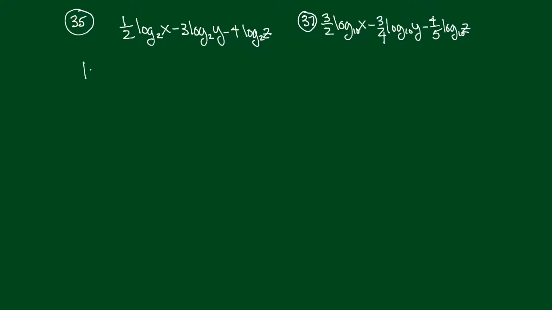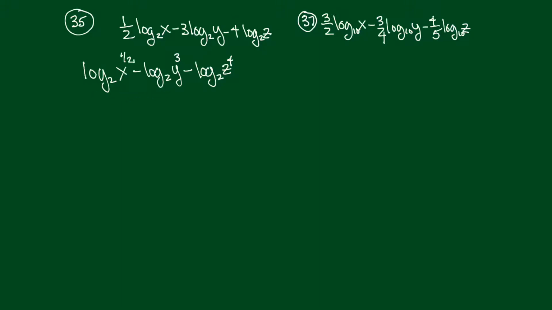So I'm going to have the log base 2 of x to the 1/2 minus the log base 2 of y to the 3rd minus the log base 2 of z to the 4th. Okay, all I did is I brought those multipliers up as exponents. Now, what have I got here? I'll just do this one here.